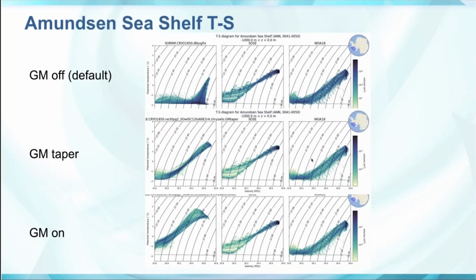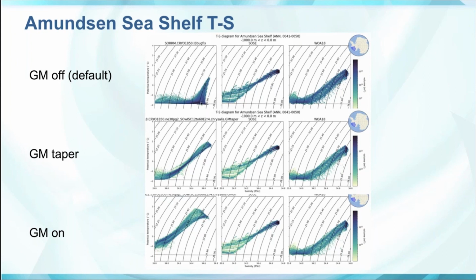So here I just want to show the temperature and salinity diagram for this sector. The sector that we're averaging over is highlighted in blue here. The middle and right panels are a reanalysis product and observations. So that's what we're comparing against. And we can see in the default configuration, the TS diagram looks very different.